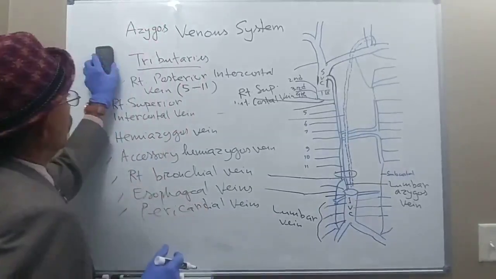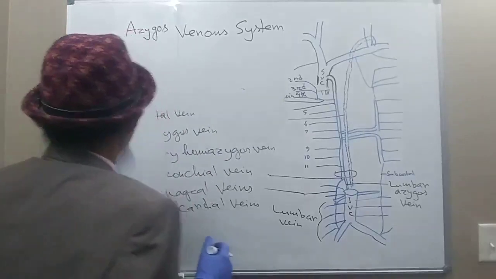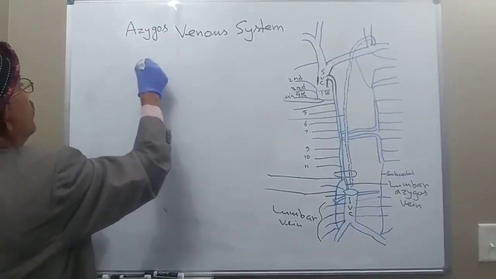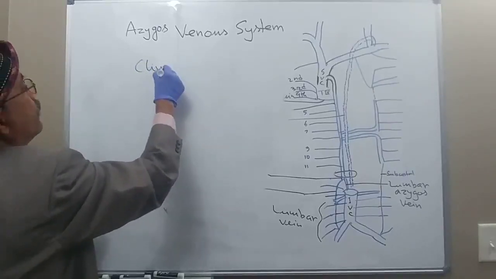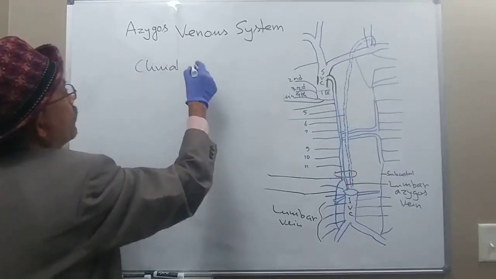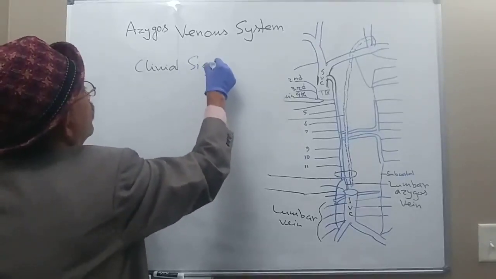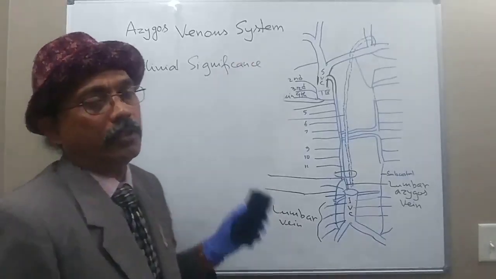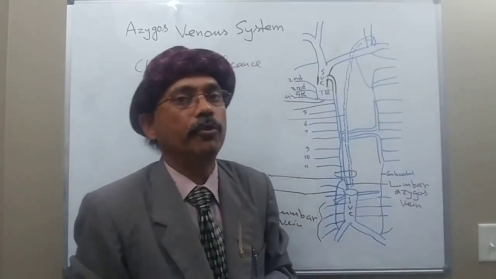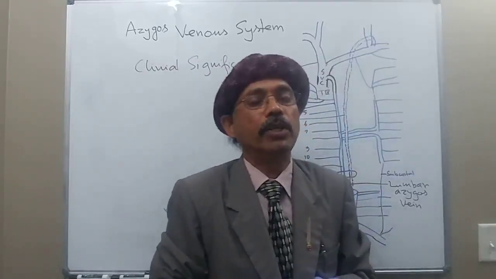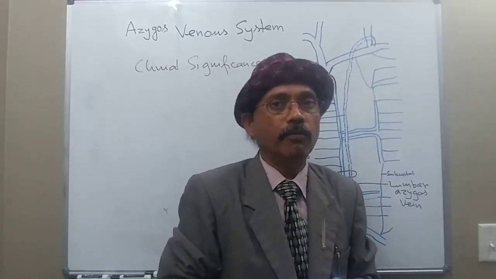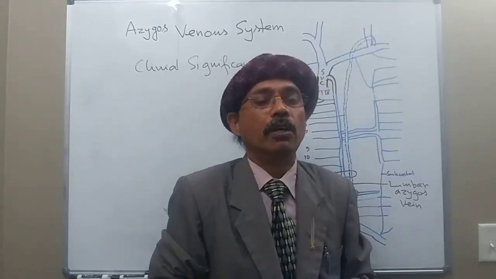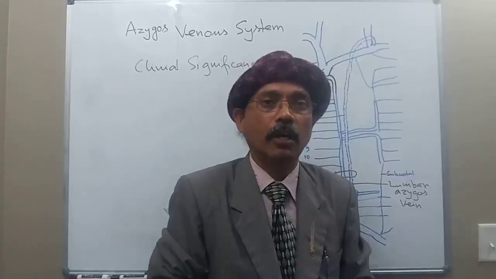Now we have to know the clinical significance of the azygos vein, or we can say the clinical significance of the azygos venous system. It indicates that when there is an obstruction in the superior vena cava or inferior vena cava, due to the presence of a connecting channel between them, blood may be drained to the heart.